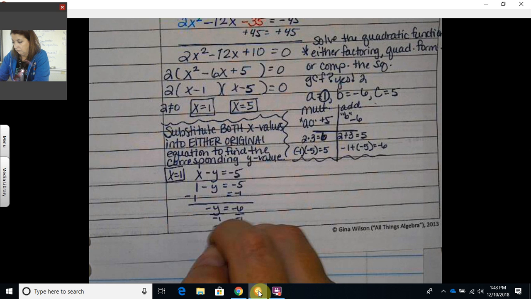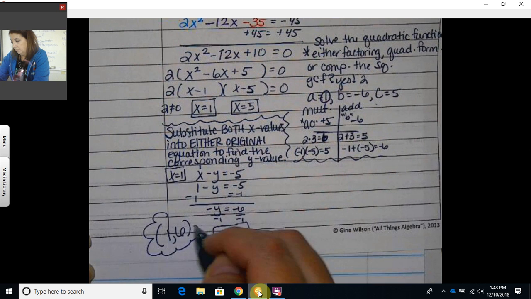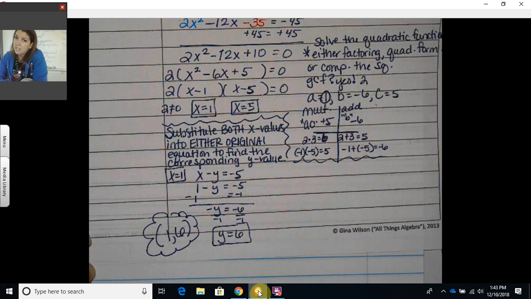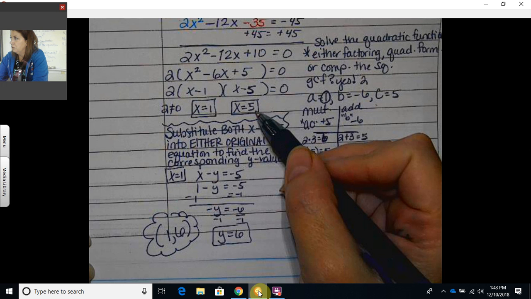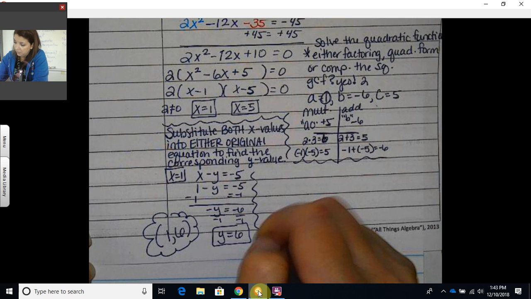So one of my ordered pairs where they intersect is at 1, 6. But I know they're going to intersect 2 times because I had that second solution for my quadratic. So I have to substitute that value in as well.